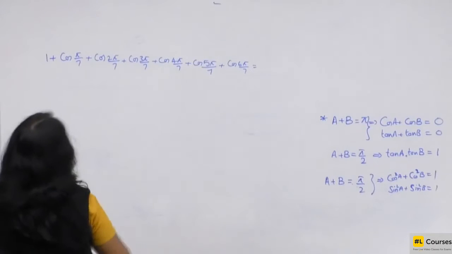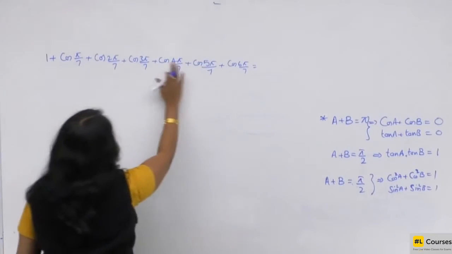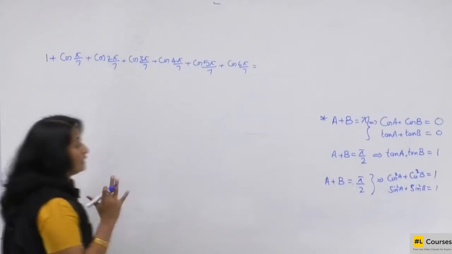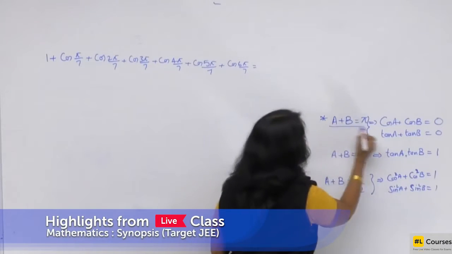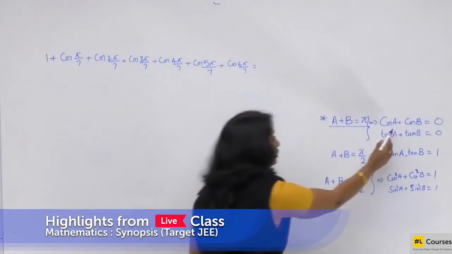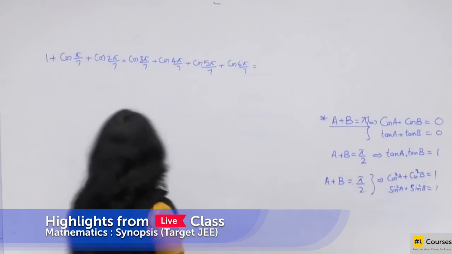So you can see that this is cos A, cos B, cos A, cos B. If I group it in such a way that A plus B becomes pi, then I can say cos A plus cos B is equal to 0.